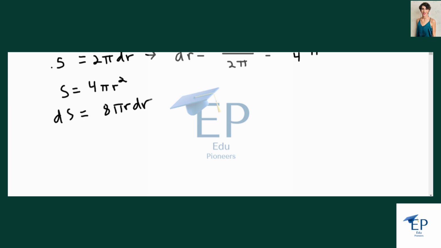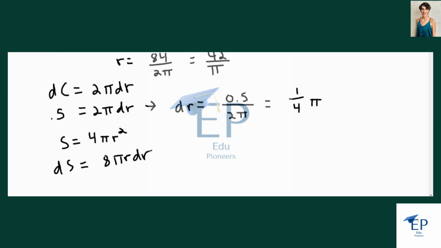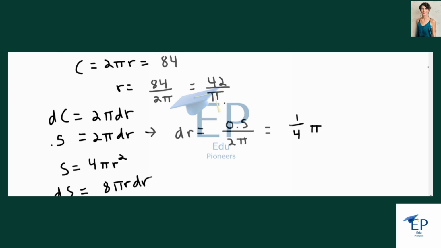All right, now if we go ahead and plug in the values for r and dr, we know that our r was 42 over pi, we calculated that. We know our dr we calculated to be 1 over 4 pi.